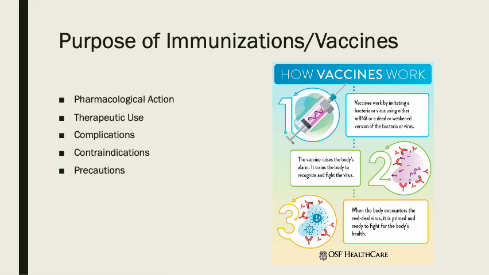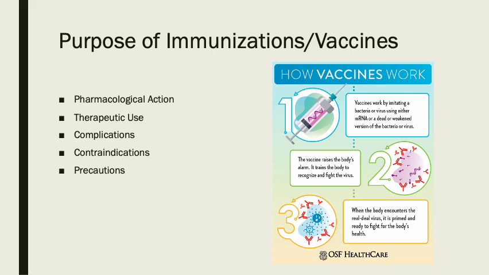If someone is severely immunocompromised, we definitely don't want to give them any vaccinations or immunizations that have a live virus attached to them, like the chickenpox vaccine or the measles, mumps, and rubella vaccine. It could cause a severe febrile illness and is a precaution for all immunizations.